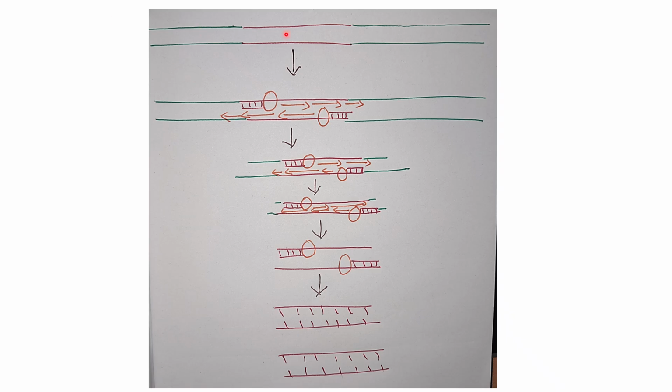So first denaturation, these two strands separate, then annealing, primers bind, then extension, polymerases are going to start synthesizing the DNA, then final extension, polymerase will stop extending, finished.